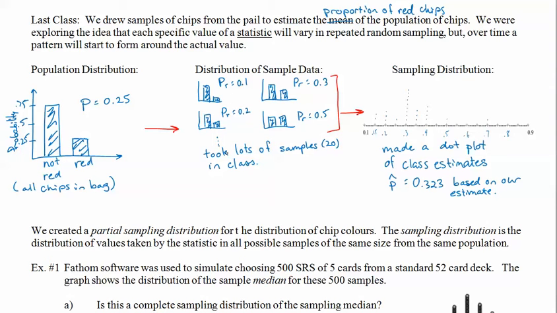From the whole lot of samples, we made a dot plot of our class estimates, and we found the mean of that proportion to be 0.323 based on our estimates.